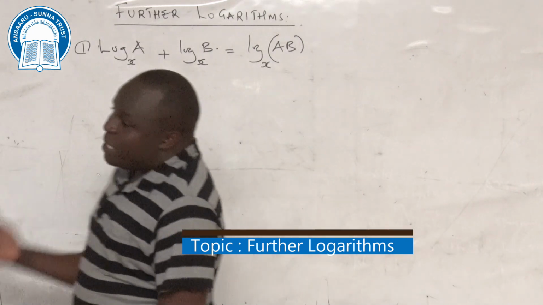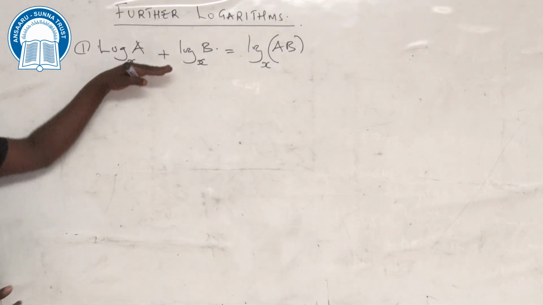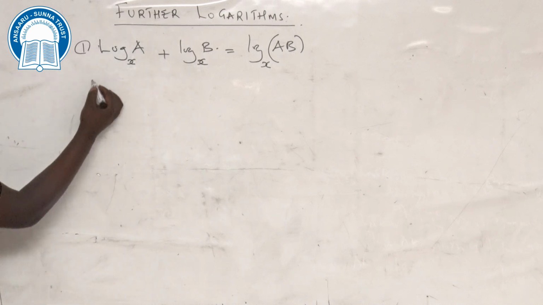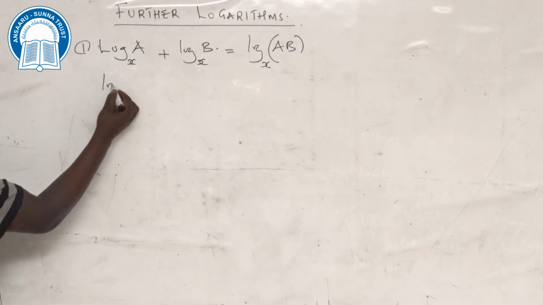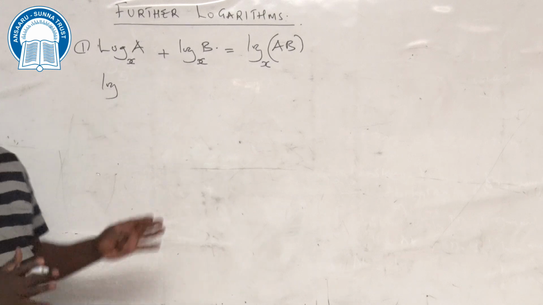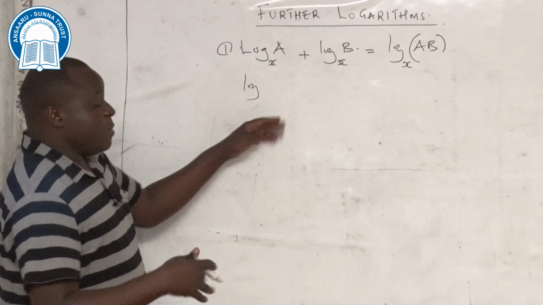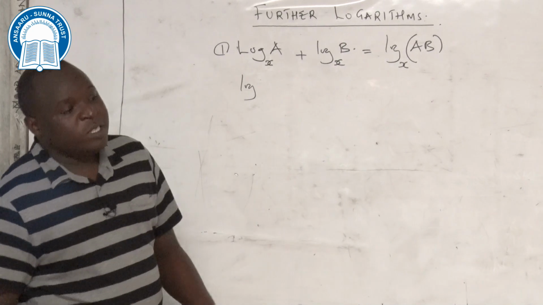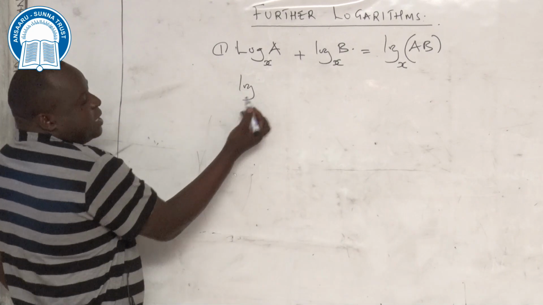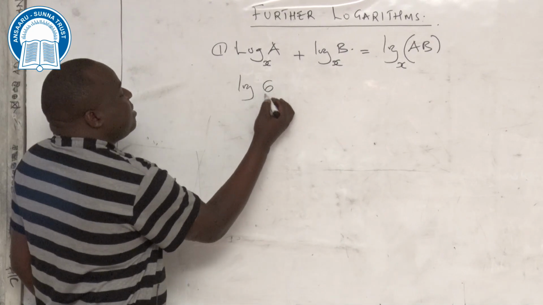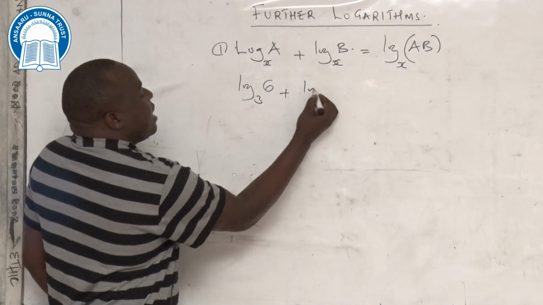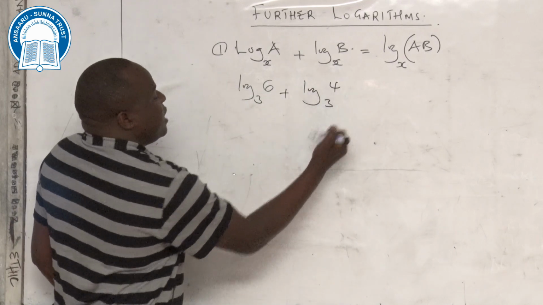So now, a basic example of a question to explain this: if you're told to simplify, and today we're only looking at examples to do with expressions, then maybe later on there will be questions I will still explain. Simplify log 6 base 3 plus log 4 base 3.